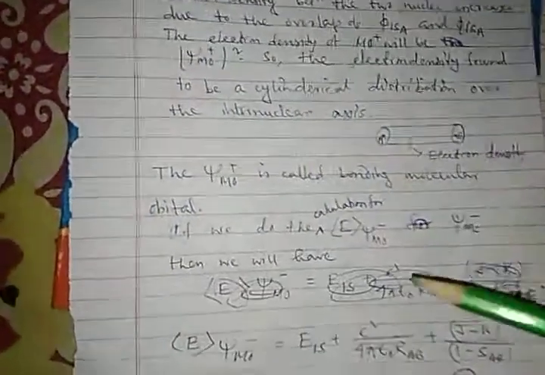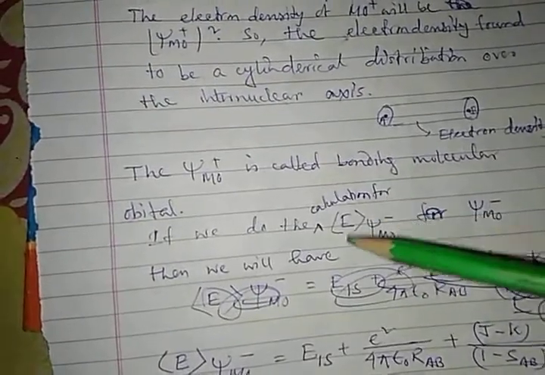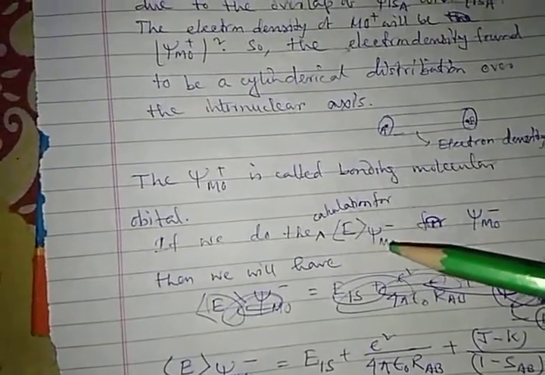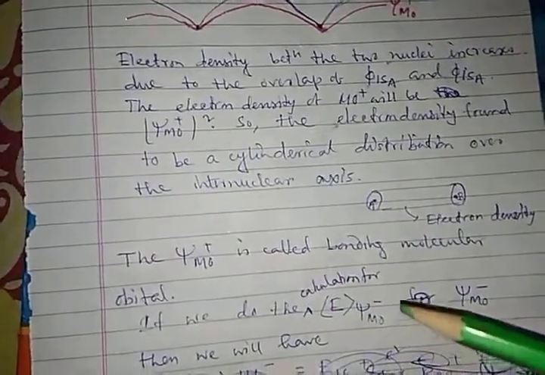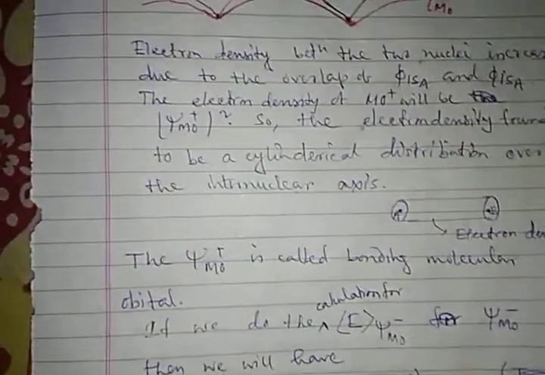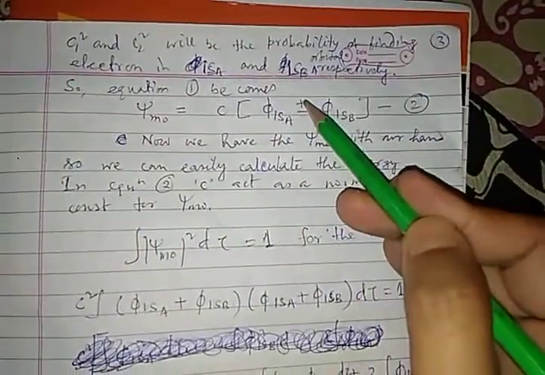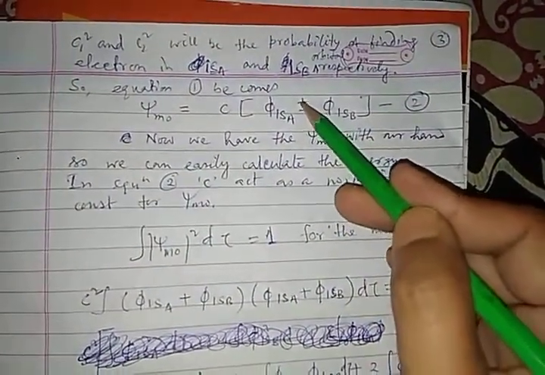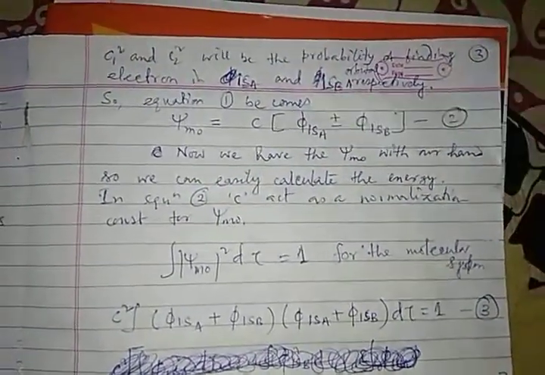Similarly, we have another combination to get the molecular orbital, and that will be psi MO minus, which is obtained by the subtraction phi 1sa minus phi 1sb. If you recall the combination, this plus combination is psi MO plus.